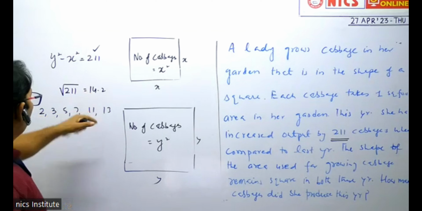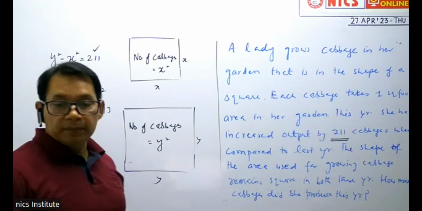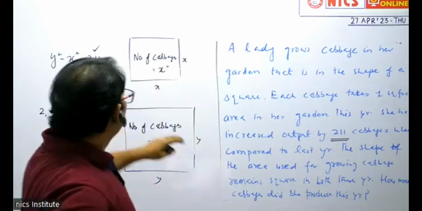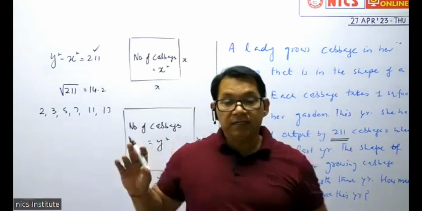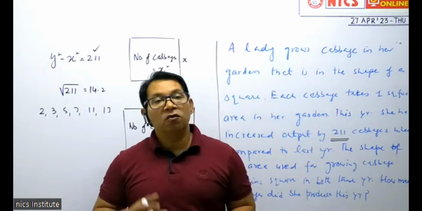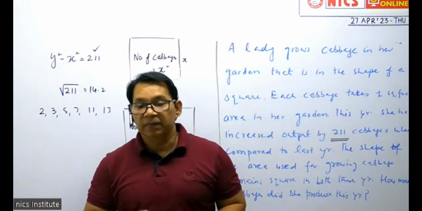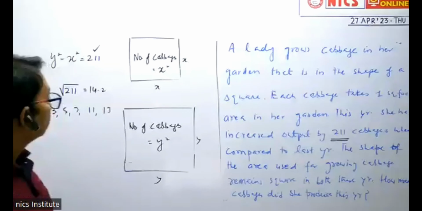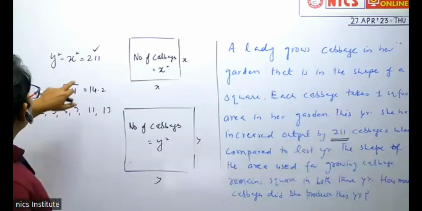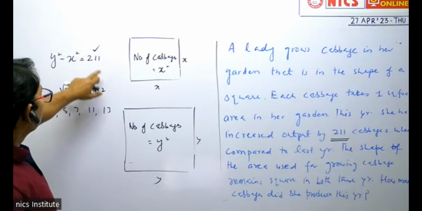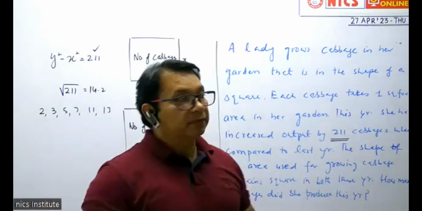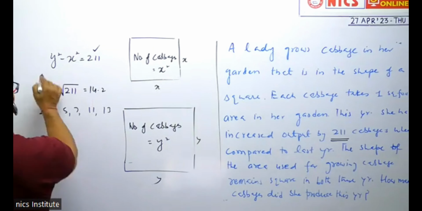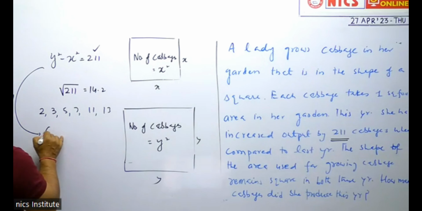Now you can divide 211 by these numbers. If it's divisible by any of them, then it won't be a prime number, it will be a composite number. Otherwise, it will be a prime number. Since you can't divide 211 by these prime numbers, 211 is a prime number. Got it?